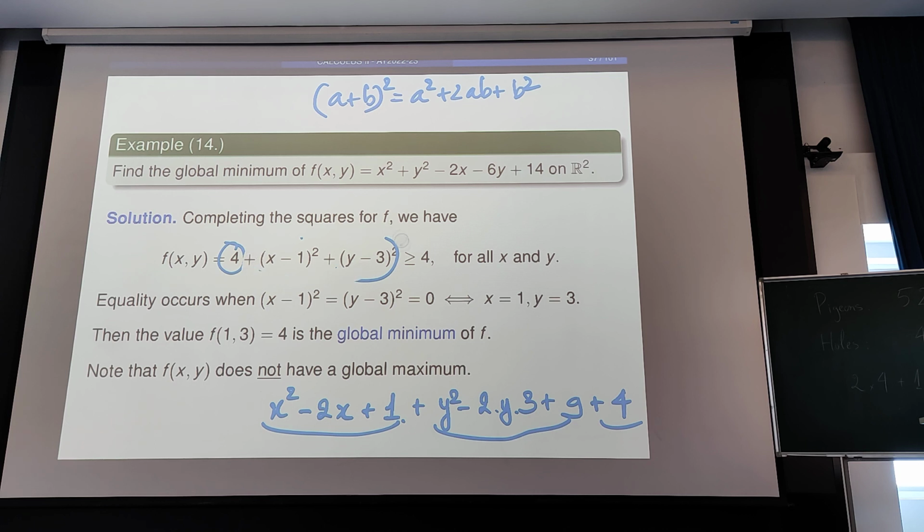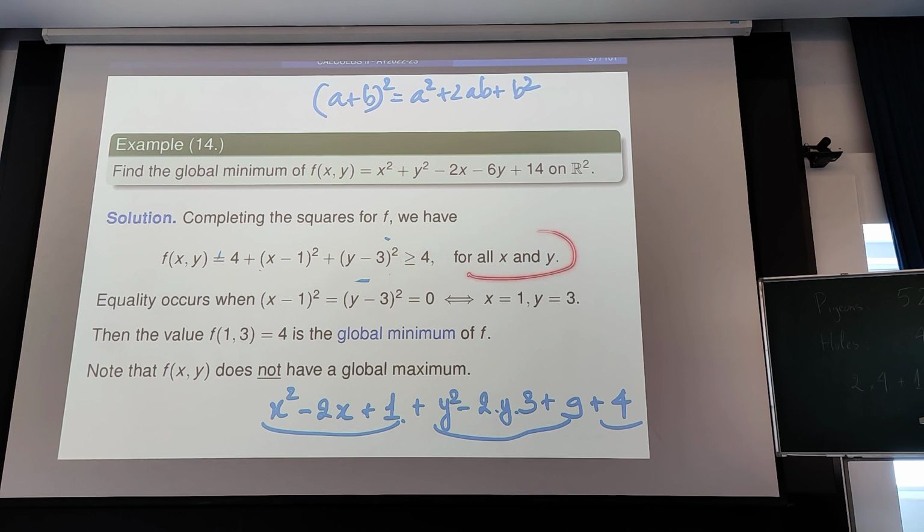Okay, so now we agree that we can rewrite the given function in this form. And using the non-negative property of the two squared numbers, you can see easily f(x, y) is always greater than or equal to 4, right?